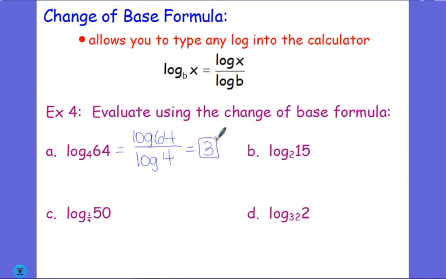Now, not all of them will come out to be whole numbers. If you don't get a whole number, round to 4 decimals like what we were just talking about on the previous example. So we're going to do one more together, then you're going to try one on your own. So division problem. 2 logs, base on bottom, other guy on top. So we'll type that in.